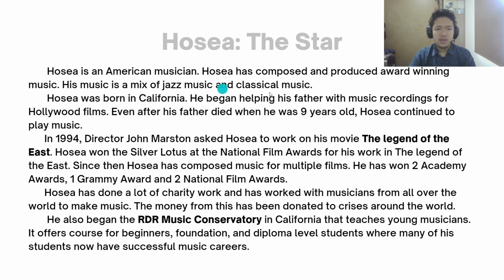And after you read the first paragraph, you need to read the first sentence and the last sentence of every paragraph. Here it tells you about where Hosea was born, and the third paragraph tells you what movie Hosea worked on, and the last sentence of the third paragraph tells you how many awards Hosea won.